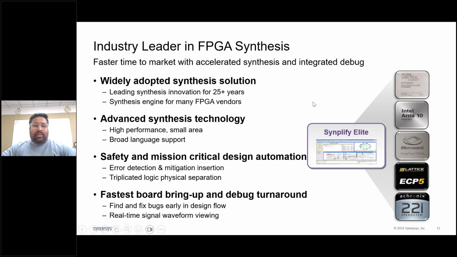We also support advanced synthesis strategies to get you high performance and optimized area results.